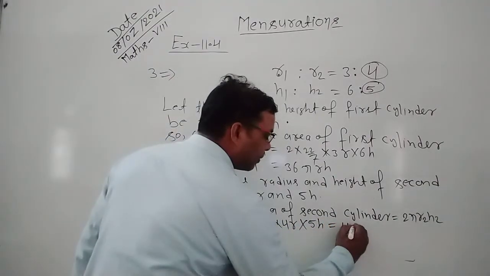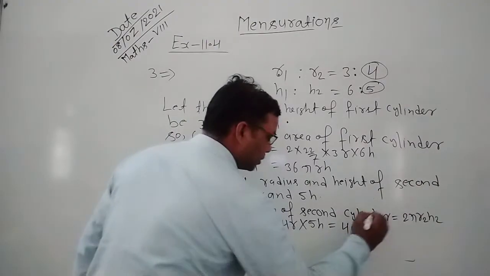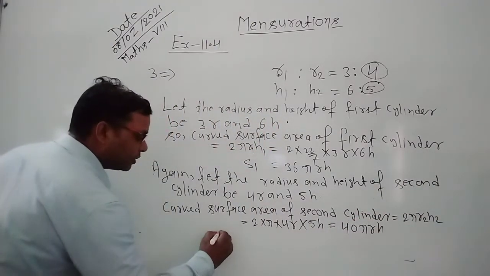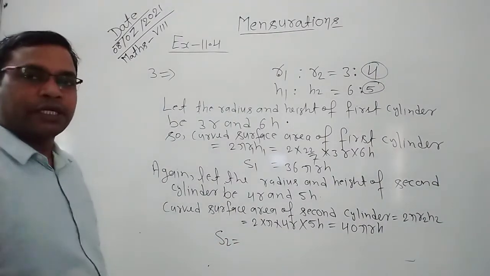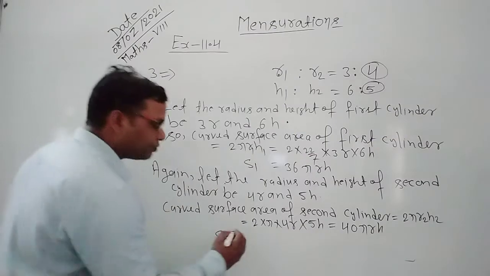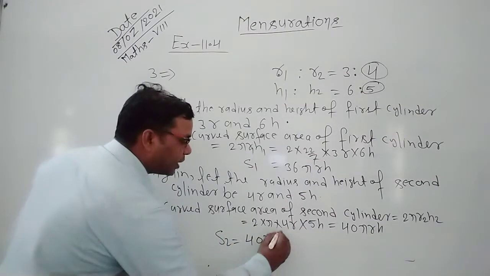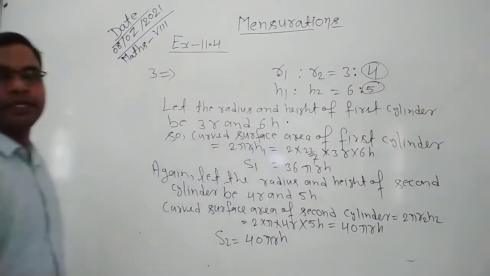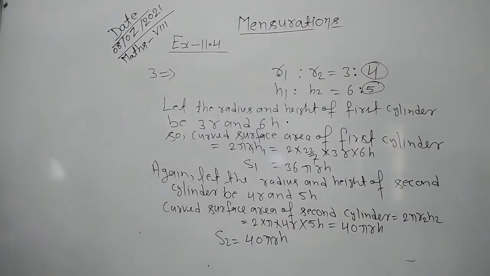If you simplify this, you get 40 pi r h. So S2, the curved surface area of the second cylinder, is 40 pi r h. Clear?